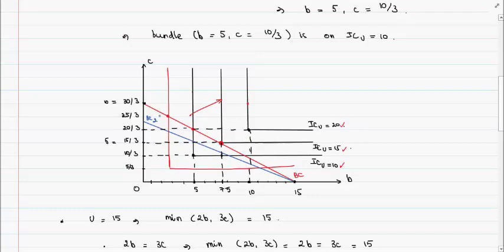Alright, so now what would be the optimal bundle in this case? Again, I would just have to find the most preferred bundle that is lying on the highest indifferent curve and also on a budget constraint. So for example, if I pick this bundle over here, it's going to correspond to the red indifferent curve. I pick this bundle over here, it's going to correspond to an indifferent curve util 15, etc. Now, what is going to be the best point that I can get?